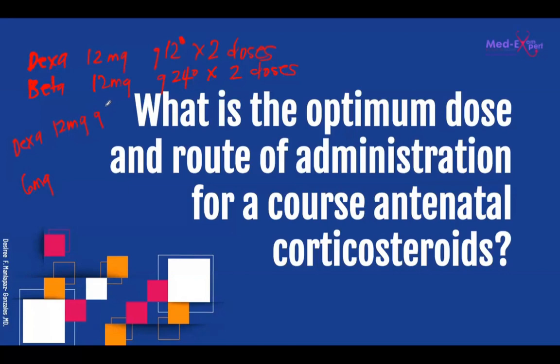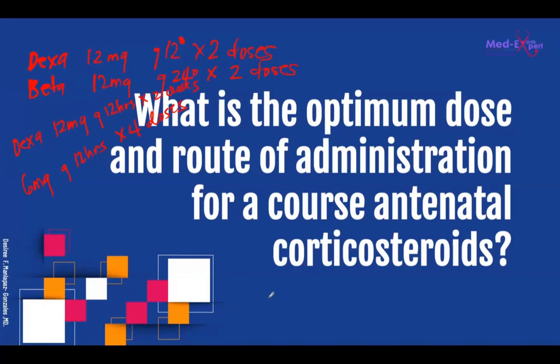Dexamethasone has two different dosing options: either 12 milligrams, 2 doses with an interval of 12 hours, or 6 milligrams, 4 doses Q12 hours. Okay. What else?